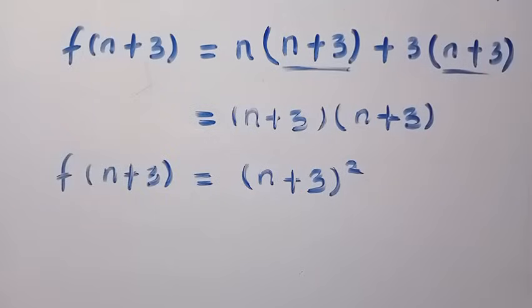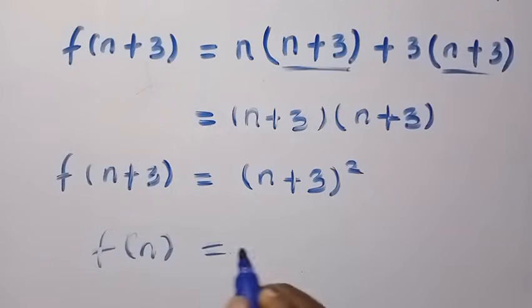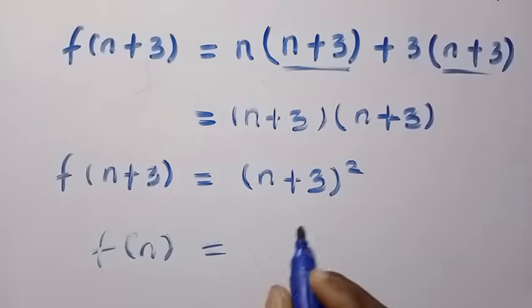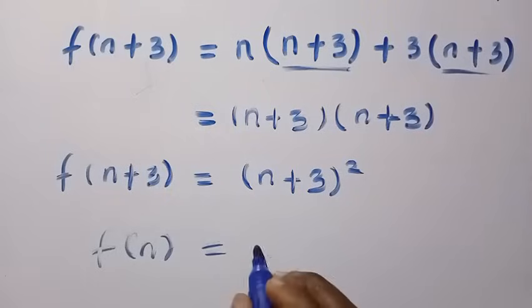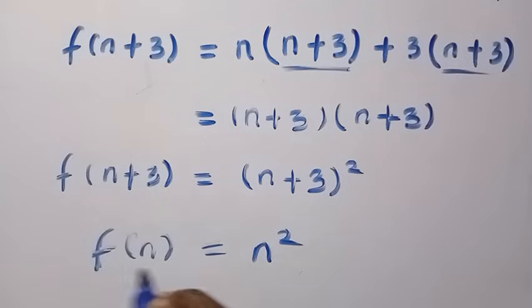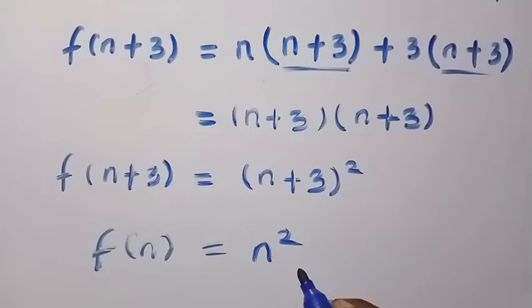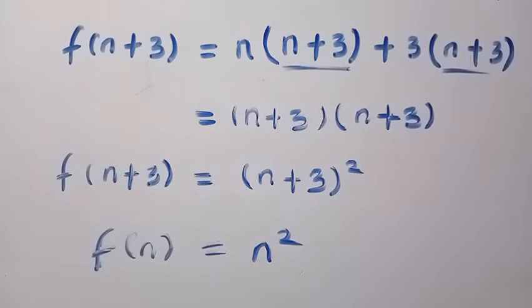So therefore, we are going to have f of n equals n squared. So this is the result for f of n, which gives n squared. So let's try and apply another method to solve this and see which one is more effective.